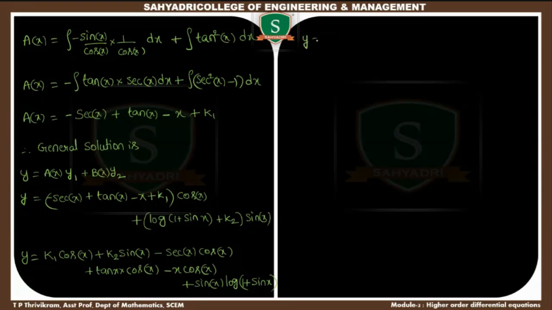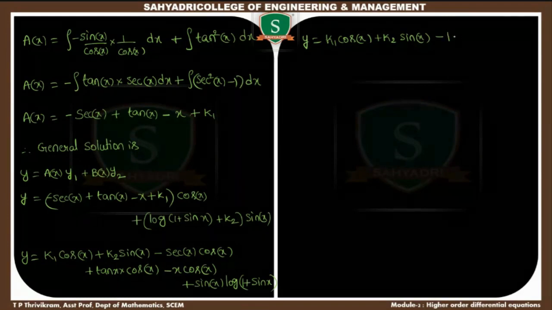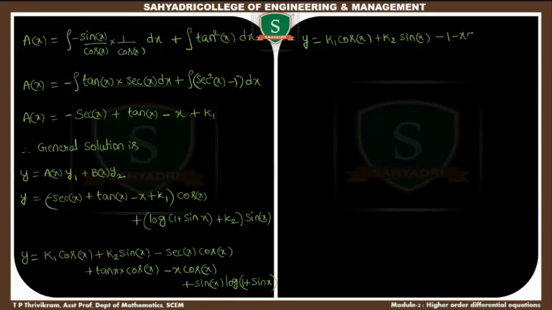Now y is equal to k1 cos x plus k2 sin x, minus secant into cos, it is minus 1, okay, minus x cos x, tan x into cos x is how much?